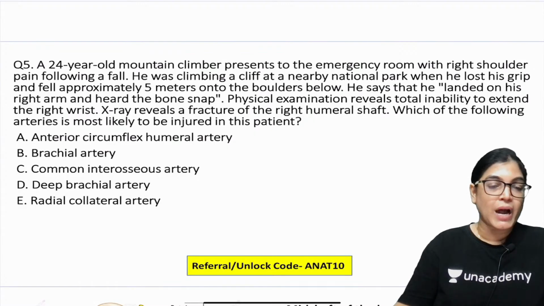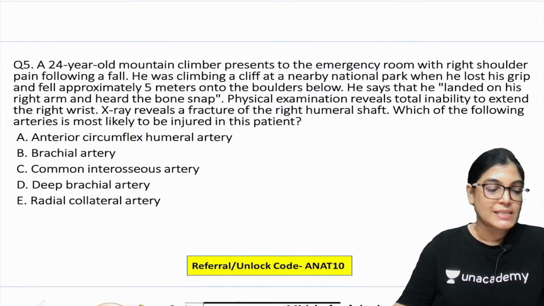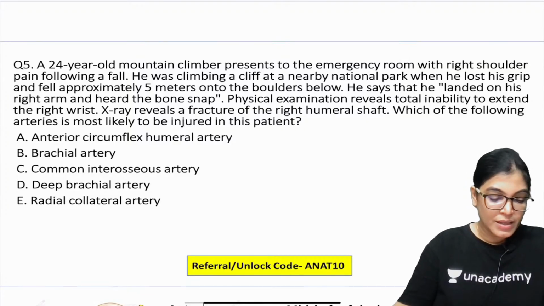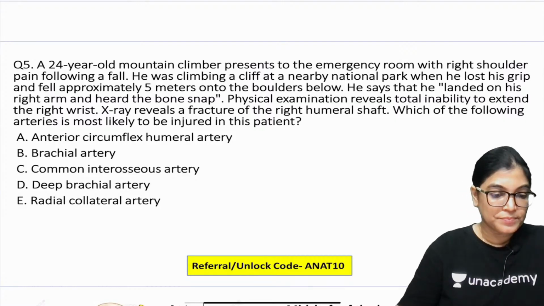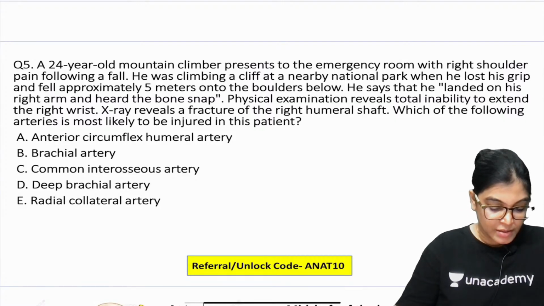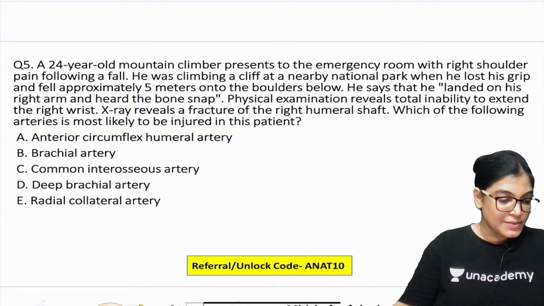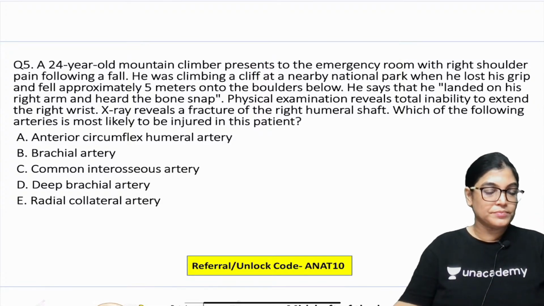All the best students, mark the correct answer. The time begins. 30 seconds will be provided to you. Mark the correct answer. Okay, so Tariq has given the answer. What about others?